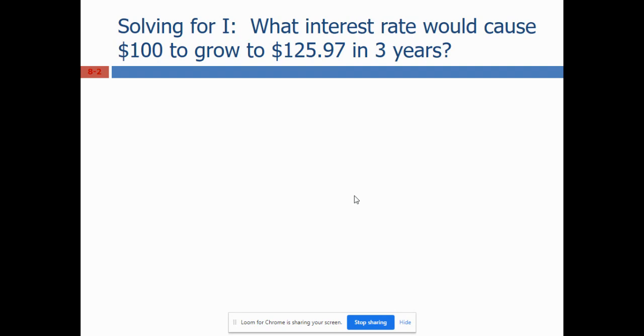So 100 is your present value, because they say 100 to grow to 125.97. So 100 is the present value, 125.97 is your future value, n equals 3. The only thing left is the interest rate.